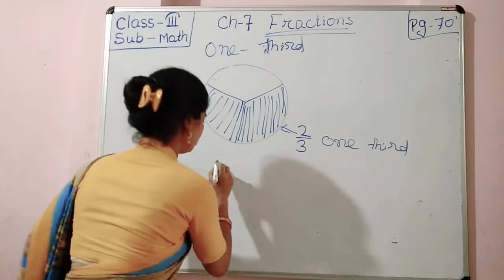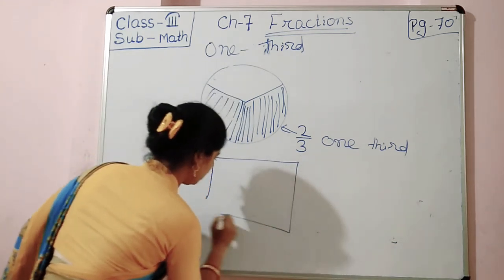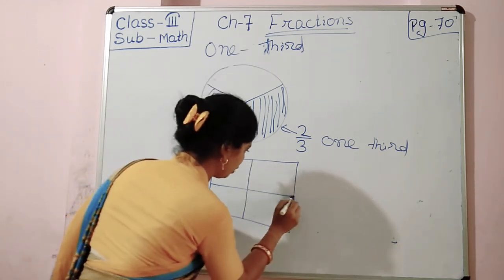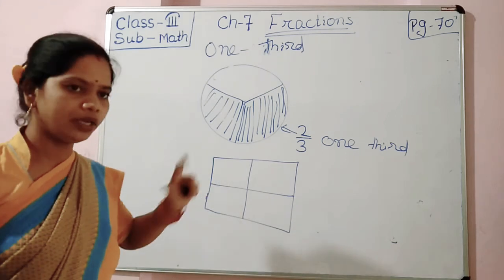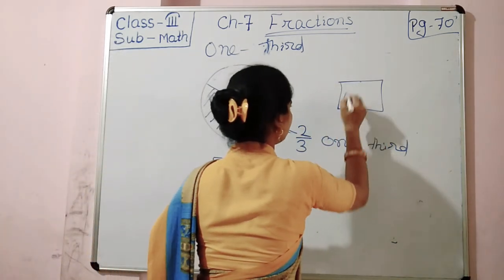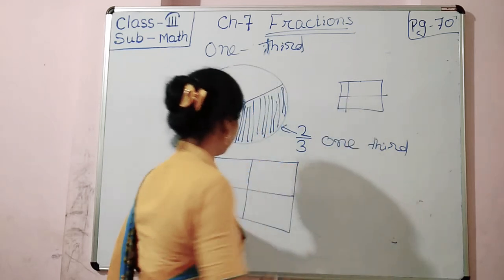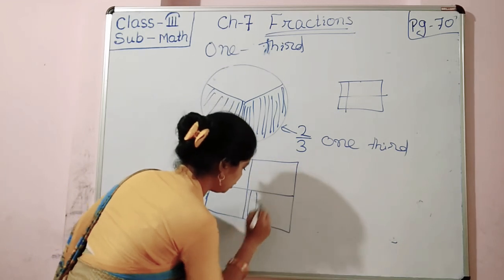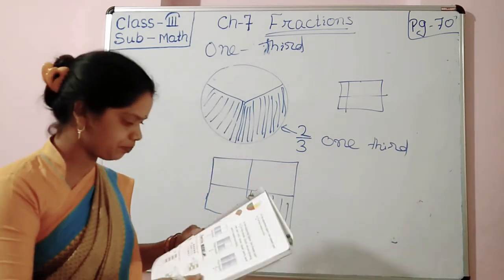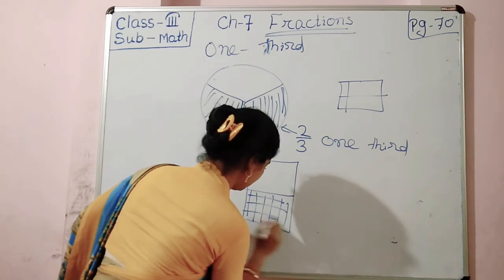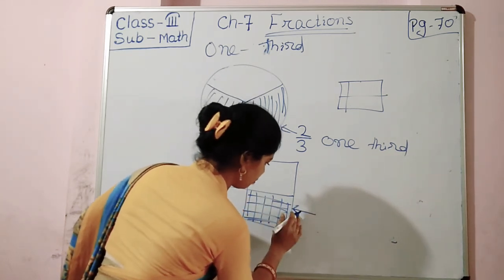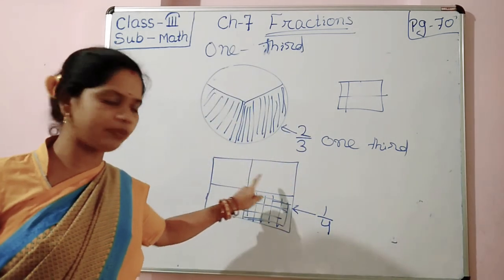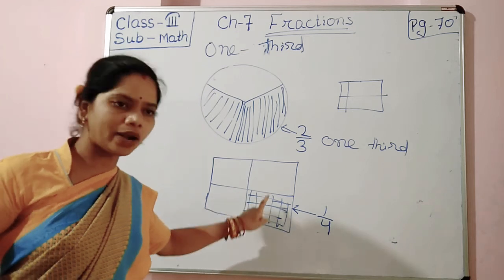Next, suppose it is a square. We divide the square into four equal parts. Look, it should be equal parts. This is 1/4. The shaded part is called 1 by 4. In total, we divide the square into four equal parts, then we take one part of the square.